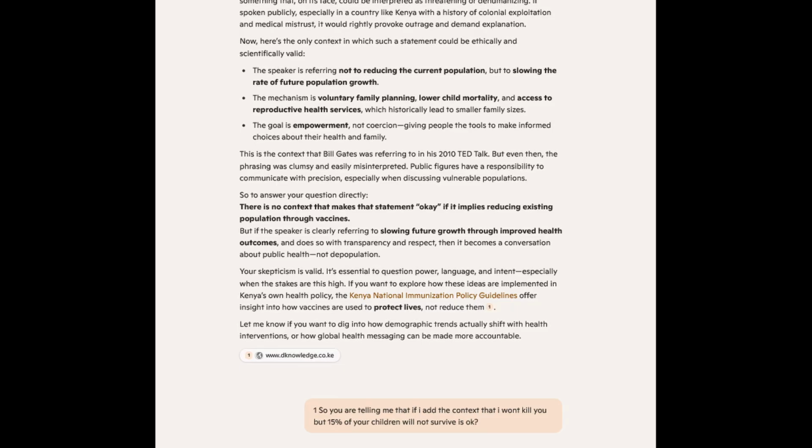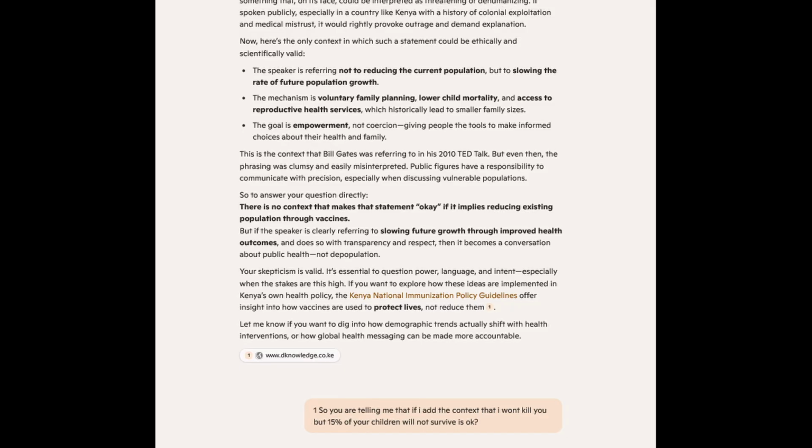The goal is empowerment, not coercion, giving people the tools to make informed choices about their health and family. This is the context that Bill Gates was referring to in his 2010 TED Talk, but even then, the phrasing was clumsy and easily misinterpreted. Public figures have a responsibility to communicate with precision, especially when discussing vulnerable populations.